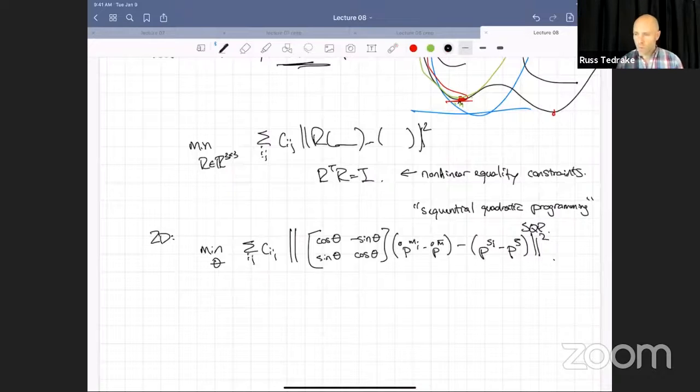And then we actually don't need any constraints, right? Because any real valued theta is already restricted to be a valid rotation matrix.